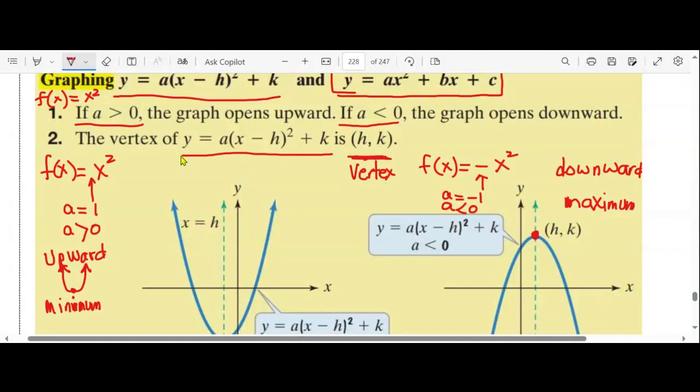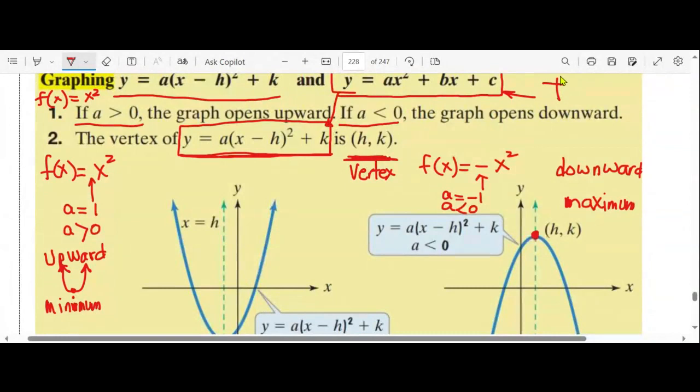So if he gives you a formula or a function that looks like y equal a(x minus h) all squared plus k, that means we can apply this formula and get the vertex value, which in this case is h and k. But what if he gives you this formula? You have the choice either to convert this to this form, or you do the table.